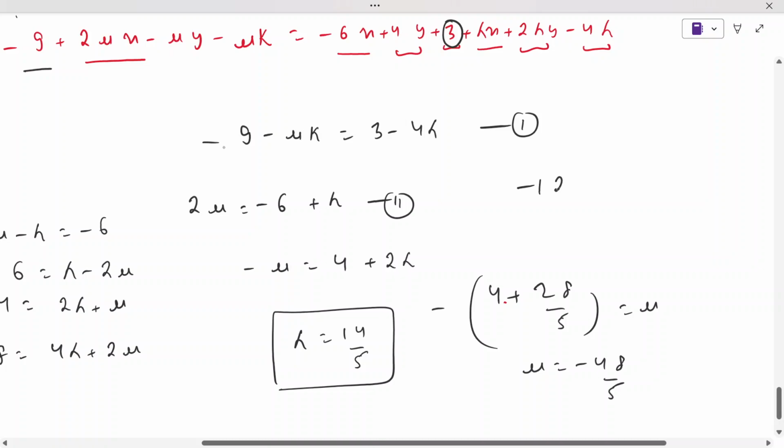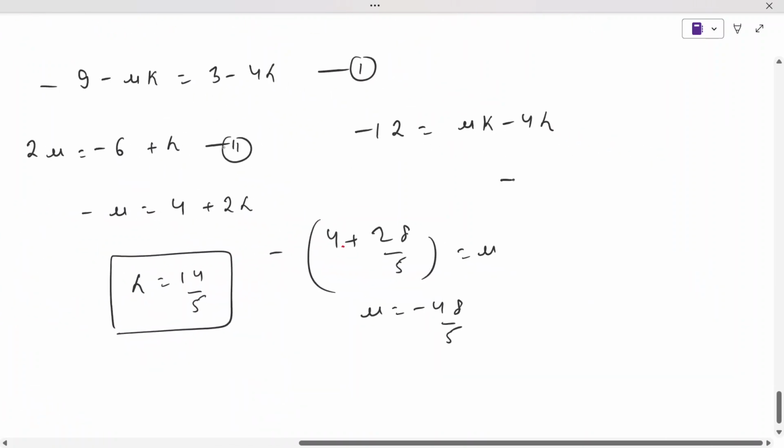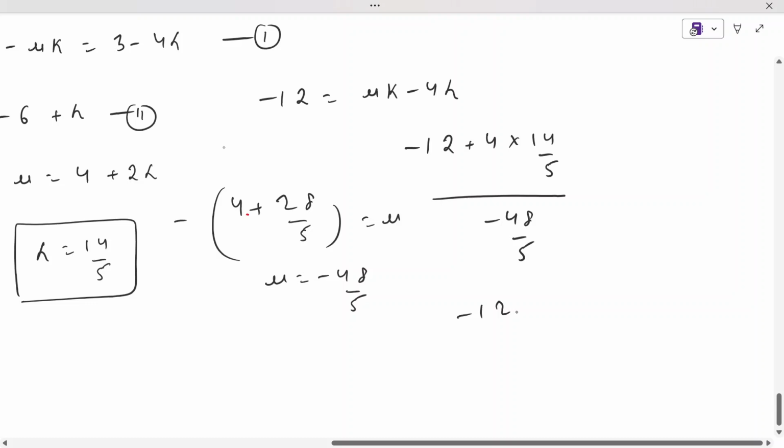Now just put the values. Minus 12 is equal to mu k minus 4 lambda. So we have minus 12 plus 4 into lambda, which is 14 by 5, divided by minus 48 by 5. So minus 12 plus 5 by 5 minus 60, minus 60 minus 4 by 5 upon minus 48 by 5.